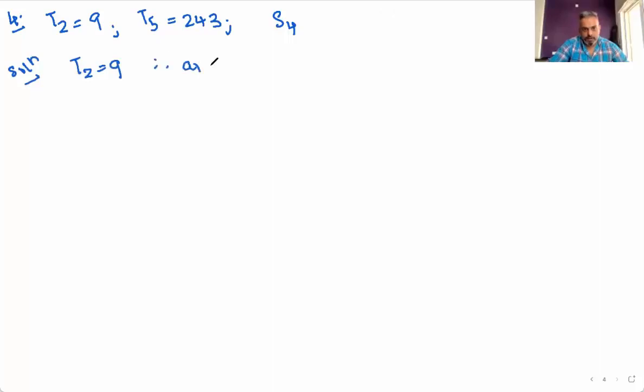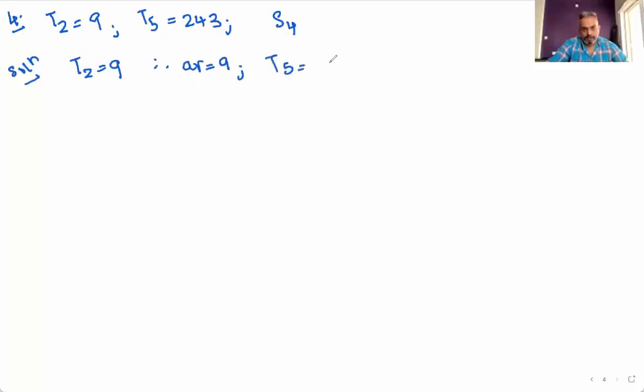Question number 4. For a given GP, T2 is equal to 9, T5 is equal to 243. We have to find S4 over here. So pay attention. Solution: T2 is equal to 9, therefore A into R is equal to 9.